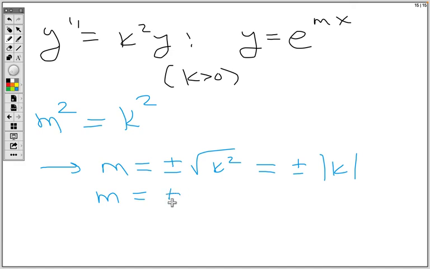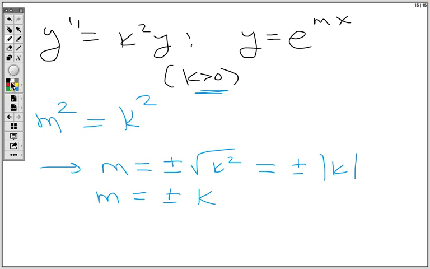It's plus or minus k. Now, since k is positive, k and the opposite of k are going to be two different numbers. Like, for example, if k were 2, we'd be getting plus 2 and minus 2, or plus a half minus a half, plus 10 minus 10. So since k is positive and not 0, we're getting two distinct answers here.